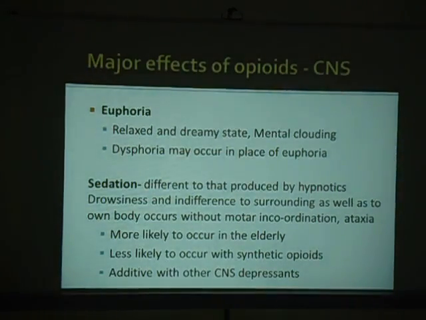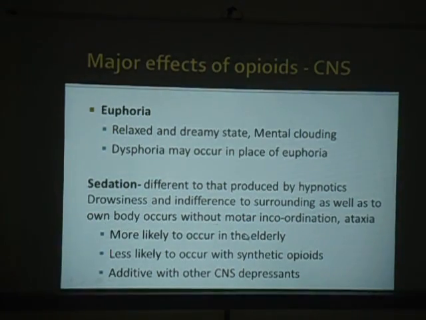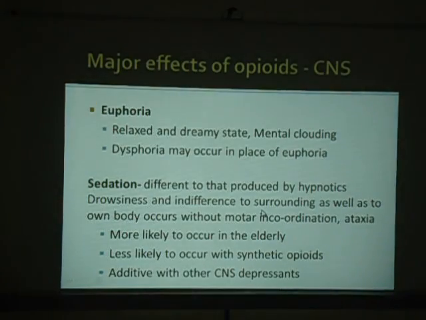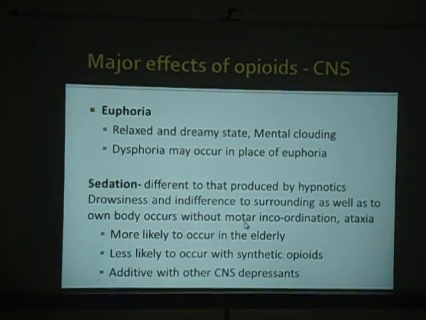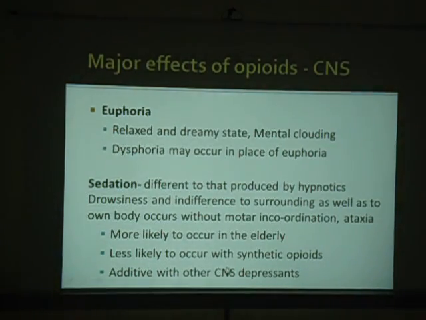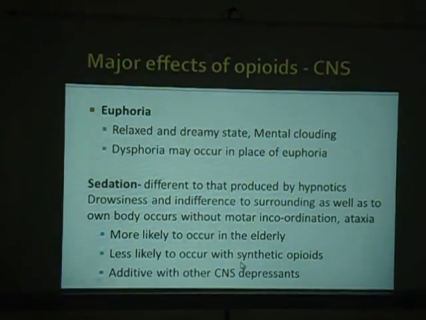Why is it so? Because there is indifference to the surroundings. The person feels dissociated from his surroundings, and there is motor incoordination and ataxia also, as commonly seen with alcohol. It is more likely to occur in the elderly, less likely with synthetic opioids, and there is an additive action with other CNS depressants.